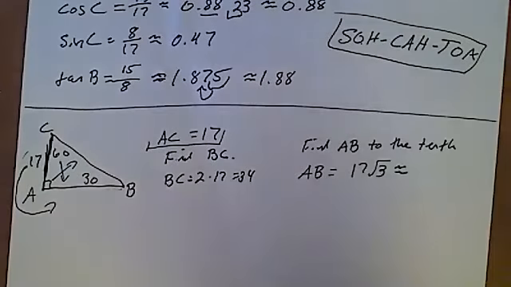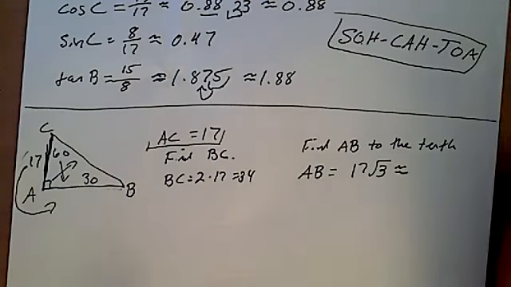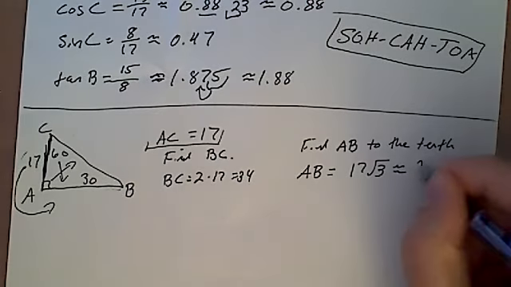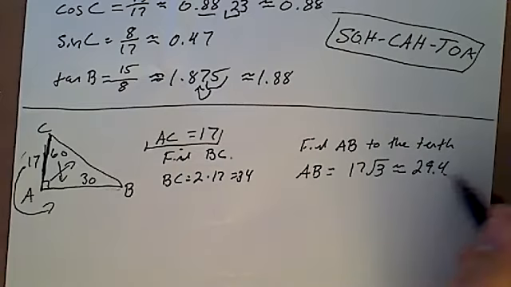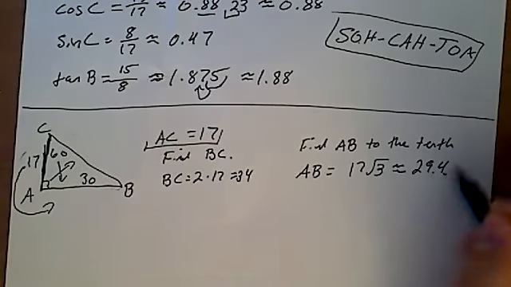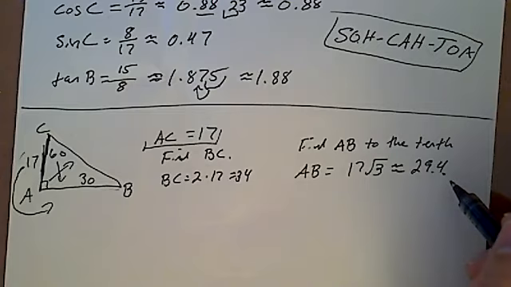However, we need this to the 10th, so we plug it into our calculator. 17, take the square root of 3, and we get about 29.4. It's 29.44. Since the next number is a 4, it does not round this up, so we're left with just 29.4. Right?